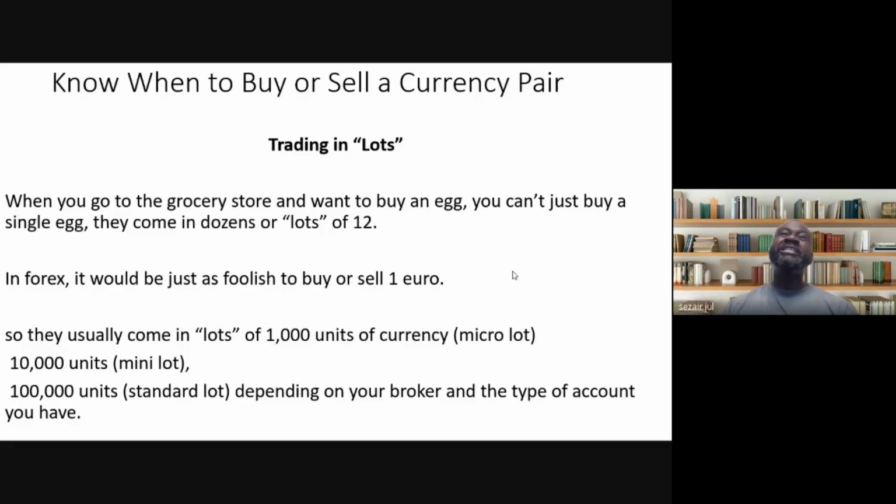We need to control lot size, because if you have $1,000 and you trade 100,000 units of currency, your $1,000 will go quickly. If you lose, you might lose it all.